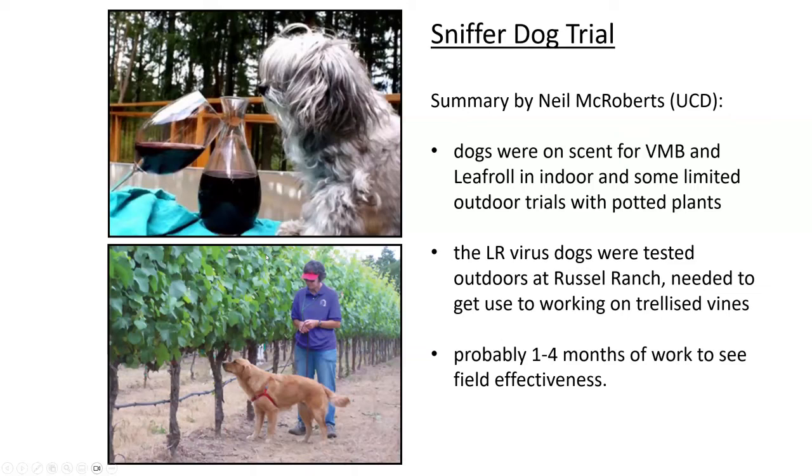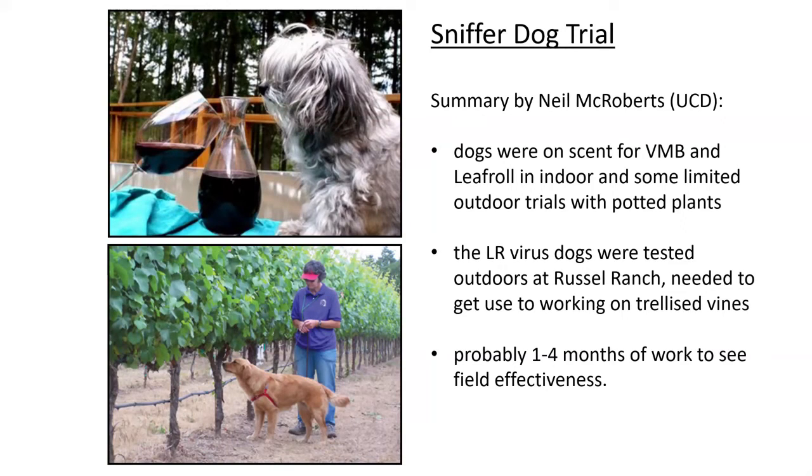There is a second movement looking at sniffer dogs, and there are some dogs being trained right now. I talked to Neil earlier this week that's working with this group and said in the laboratory, the dogs were on scent, both for vine mealybug and leafroll using potted plants, and with some limited outdoor trials.